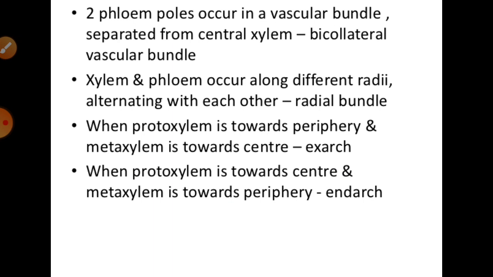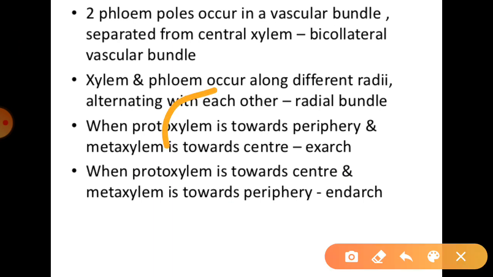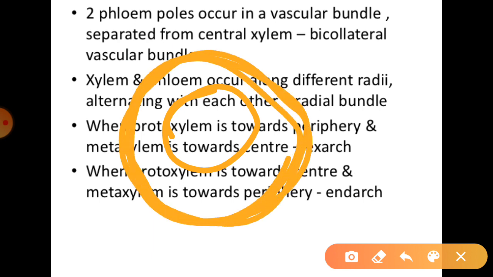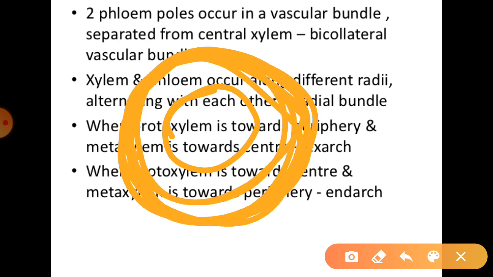The concentric bundles are of two types, especially amphivasal, right, amphivasal, in which we can say the phloem lies in the center and remains completely surrounded by the xylem. If we talk about that amphivasal condition, right, suppose this is the phloem, so it is completely surrounded with the help of the xylem, right.